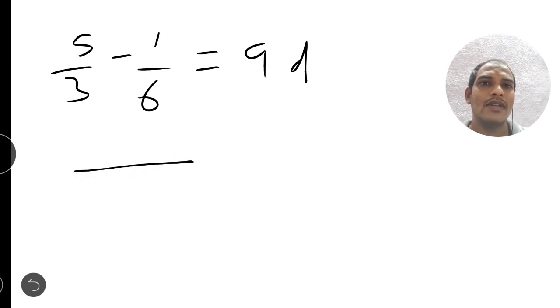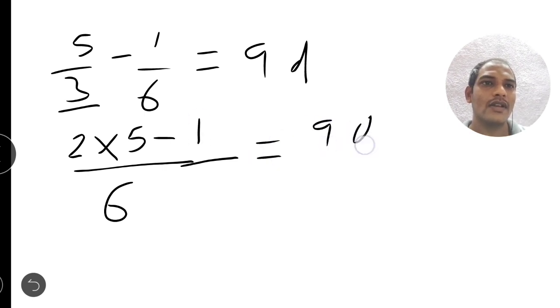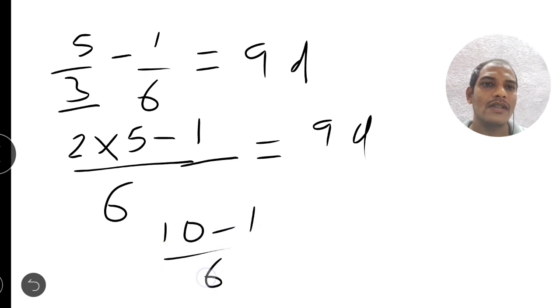The LCM of 3 comma 6 is 6. 6 in 3 table, 2 threes are 6, so 2 into numerator, 2 into 5, minus 1 by 6. Here the denominator and LCM answer are both the same, so write the numerator as it is. So 2 fives are 10 minus 1 divided by 6 equals 9d.